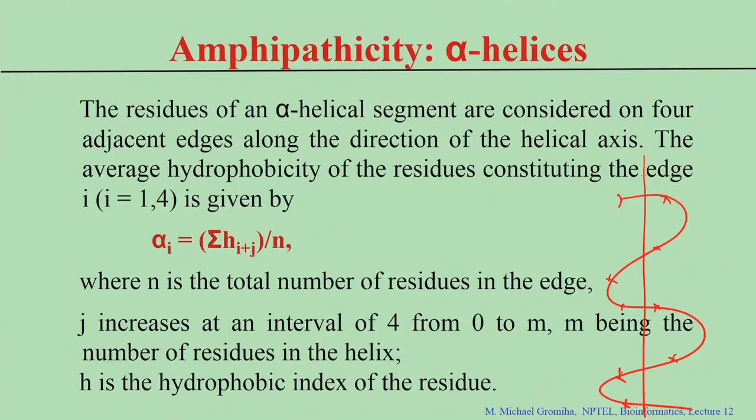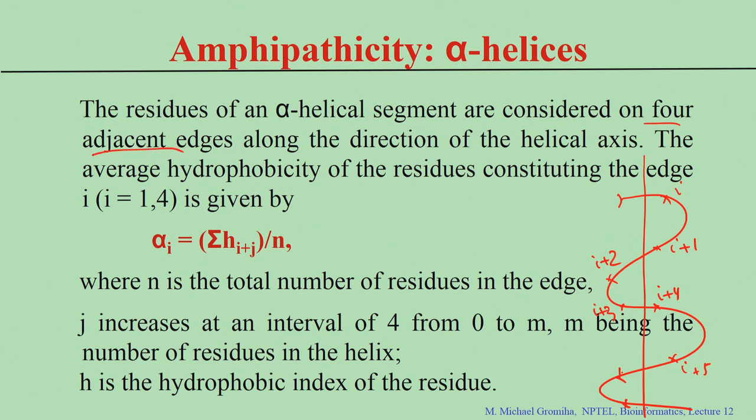If this is i, then for this i plus 1, i plus 2, i plus 3, i plus 4. So, you can see the periodicity, i plus 5. So, between this i and i plus 4, this 1, 2, 3, 4 and this 5, 1 and 5 will be in the same phase, and likewise you can see 2 and 6. So, if you have a helical segment, you can make 4 adjacent edges, you can put 1, 2, 3, 4 in the direction of the helical axis.